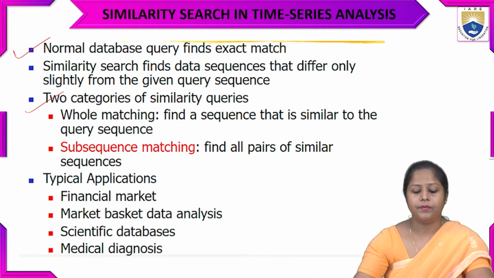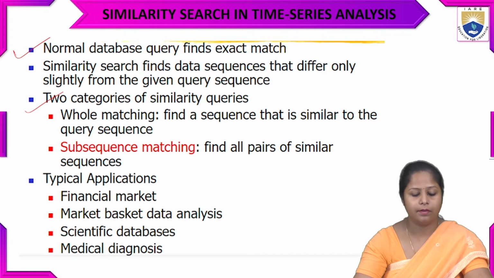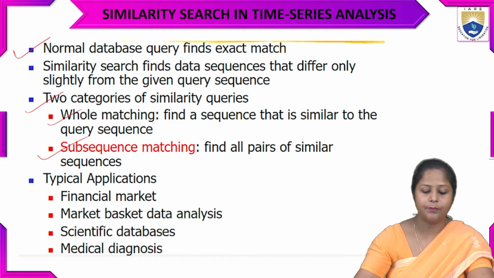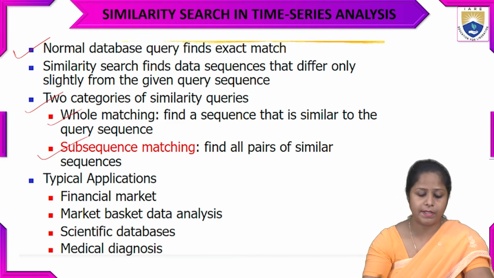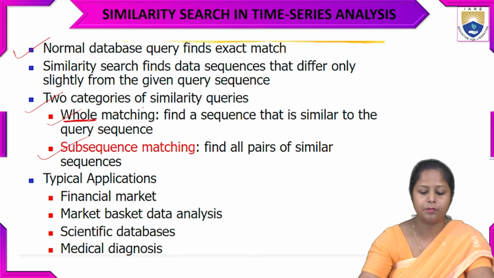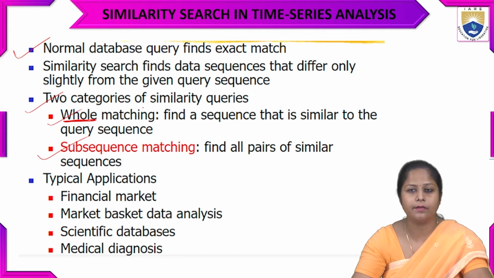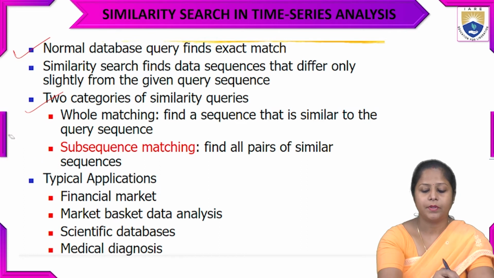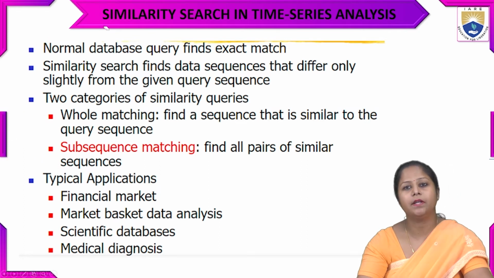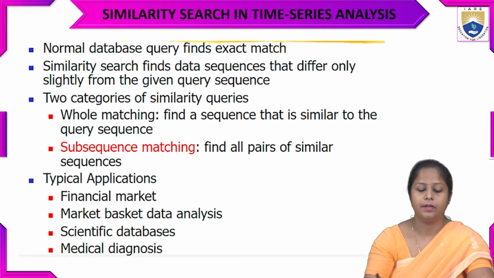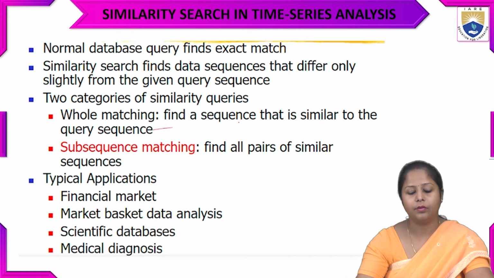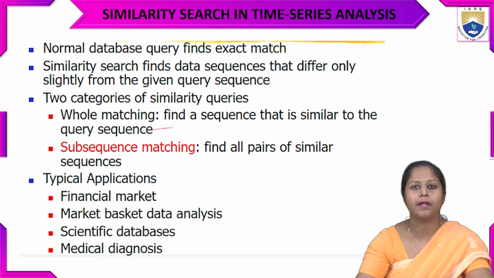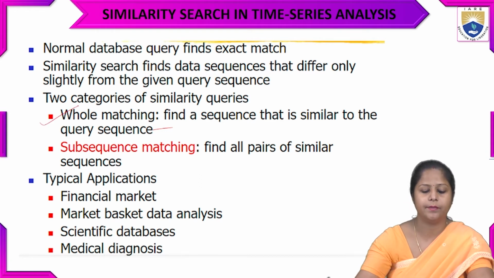Two categories of similarity queries are used. First is whole matching, second is subsequence matching. Whole matching means, as the name suggests, we need to find a sequence that is similar to the query sequence. The whole sequence needs to match the query sequence, so we write a query that has the same sequence for the similarity search.